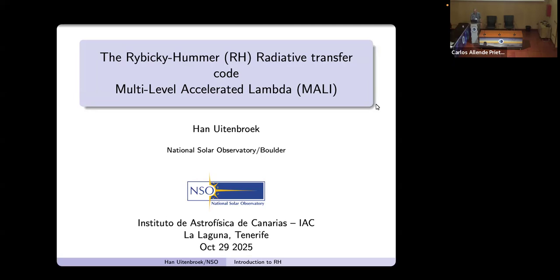So I'll give you a slight taste of how this multi-level accelerated lambda iteration works and why implementing it is really saving us a lot of time. And then I will take you through the installation of the code. We can try to do that really live online.